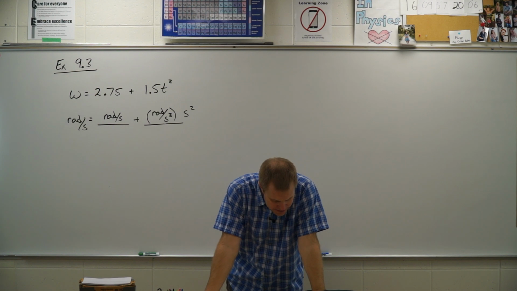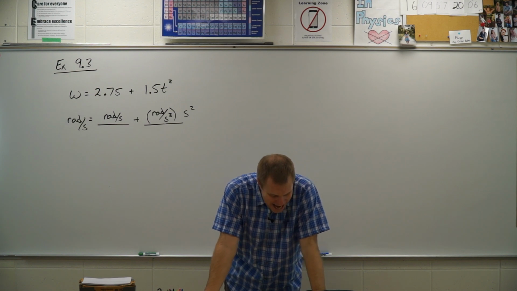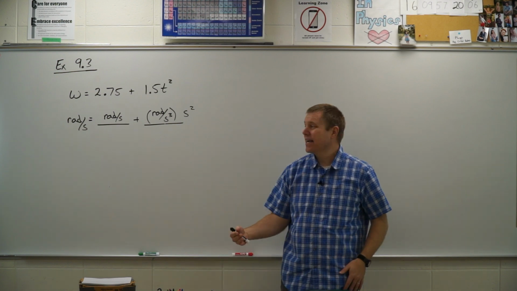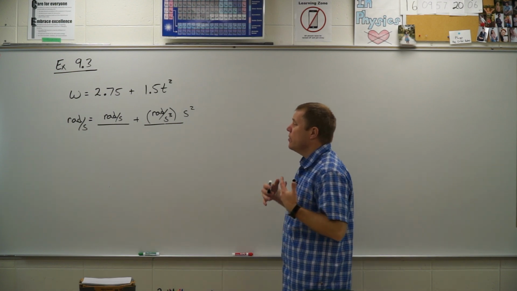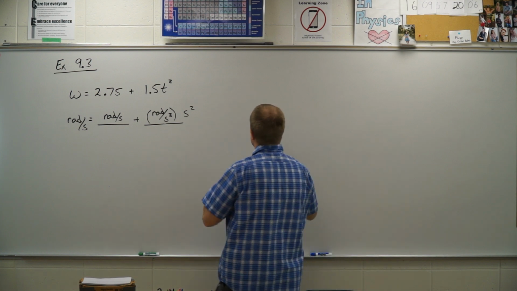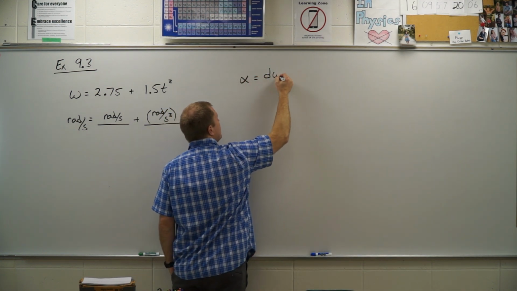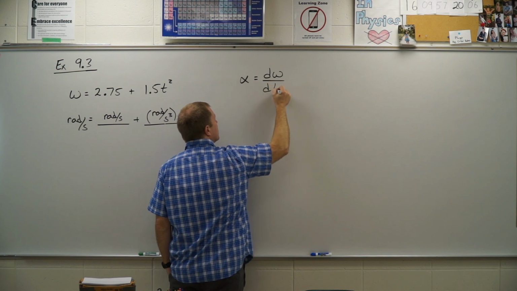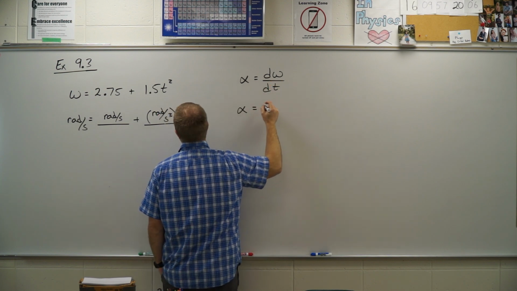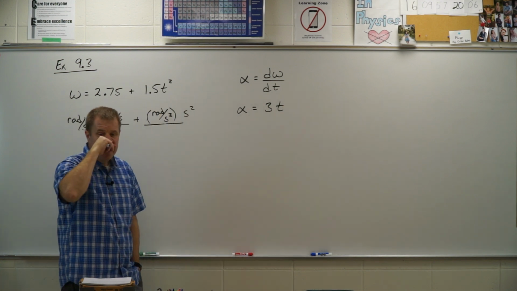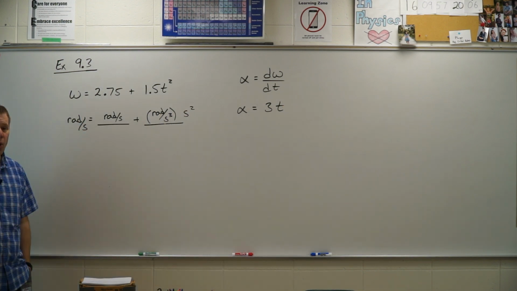Part B asks us, what is the angular acceleration of the wheel at 2 times, at 0 seconds and 5 seconds? So in order to find the angular acceleration, alpha, I'm going to have to take the derivative of my omega function. So my alpha is going to be 3t. Now those units still hold.